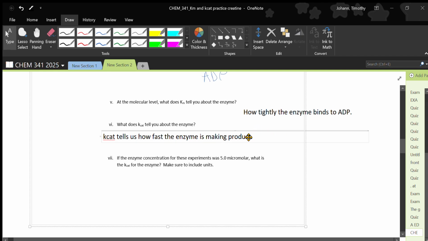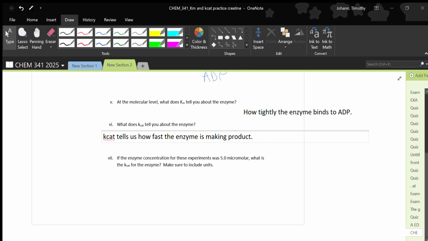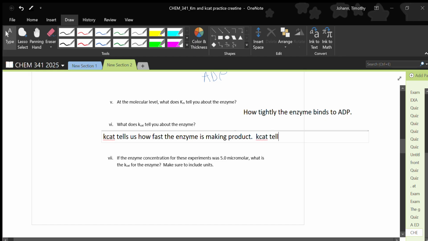Okay, we've got a Vmax. So more specifically, Kcat is the turnover number. It tells us how many products a single enzyme molecule will make in a given unit of time when fully saturated.